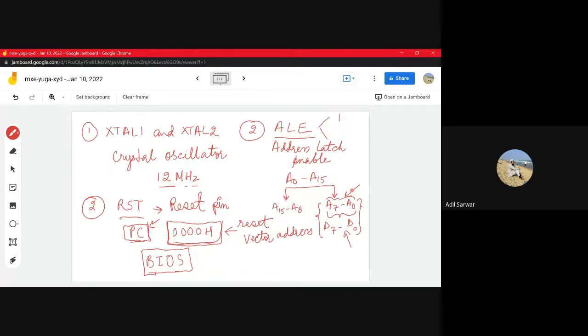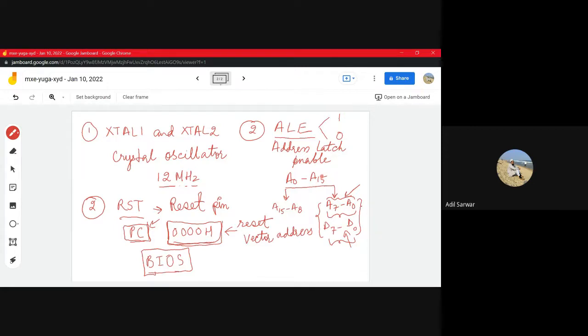And when ALE is equal to 0, then data is either going out from the microcontroller or is being received by the microcontroller. Definitely both do not happen at the same time. It happens one at a time. Again, this would be much clearer when we do some programming.